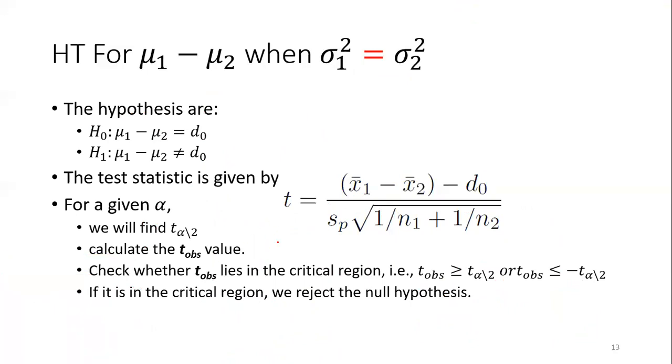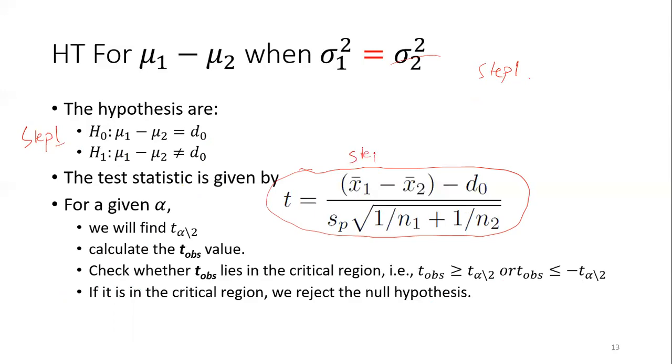So this is the t random variable that you will use in hypothesis testing, and of course for a confidence interval. The whole procedure is the same. Step one, you write the hypotheses. Step two is to find the test statistic.